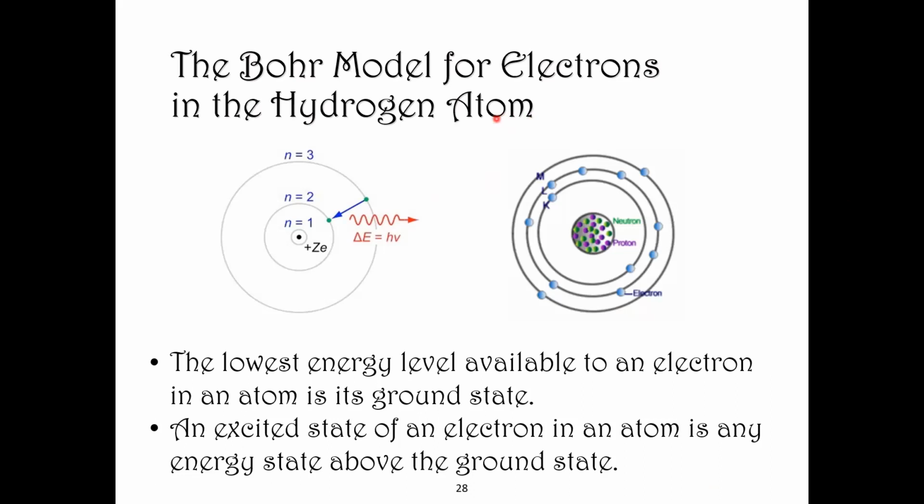Okay. And if we think about the transitions we were just talking about, we can use that to describe the Bohr model for electrons in an atom. The lowest energy level available to an electron is what's known as the ground state. The excited state is when we take that electron, give it higher energy, and move it to a higher energy level.